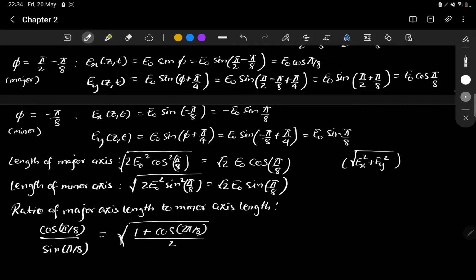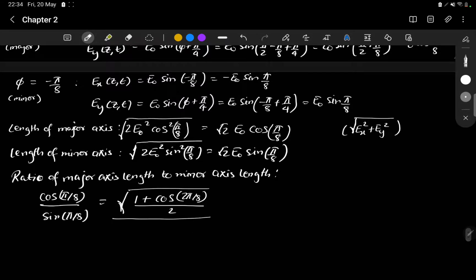Similarly, for sine pi by 8, we have square root of (1 minus cos 2 pi by 8) by 2.